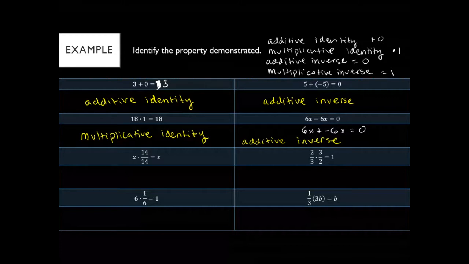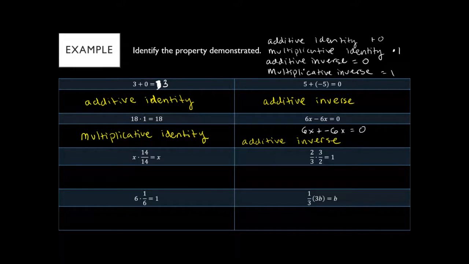Okay, so now next row, I've got x times 14 over 14 equals x. So again, this is a little tricky one. It kind of gets you thinking. And these are the types of things that you'll see when you solve, which is why I'm putting them in this form, because you'll be using these rules even if they aren't exactly in the form that you're presented the rules, and you're still using them.